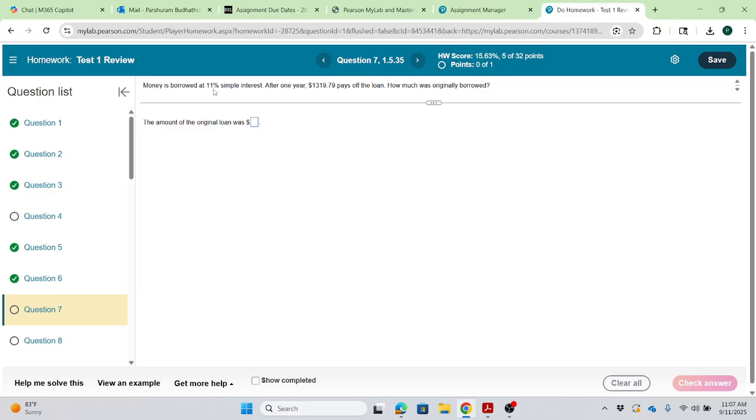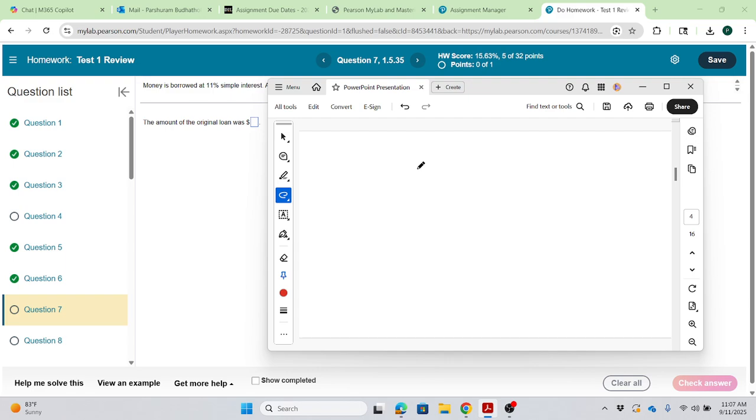Money is borrowed at 11% simple interest. After 1 year, $1,319.79 pays off the loan. How much was originally borrowed? To answer this question, you have to know the simple interest formula, which is interest equals principal times rate times time.